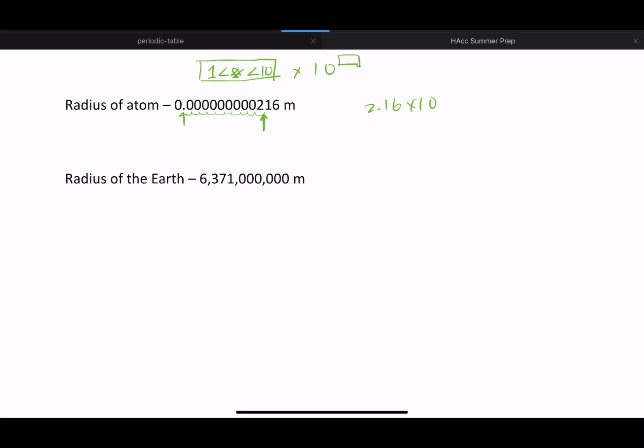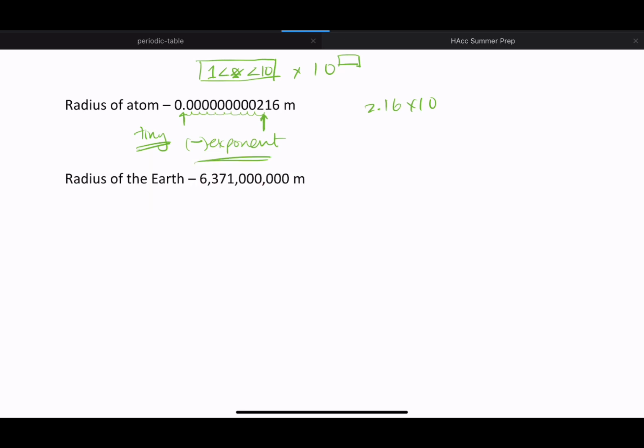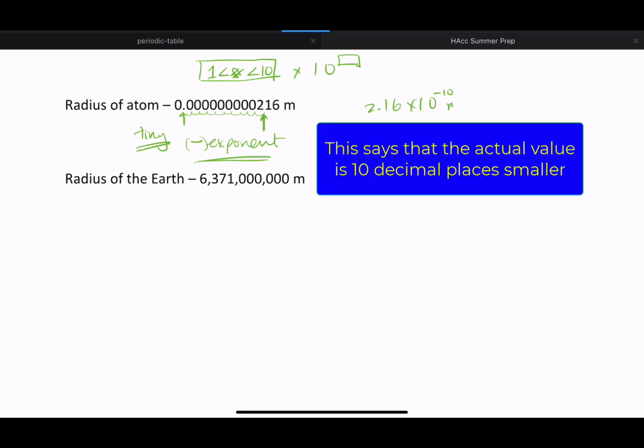But what I prefer is to use reason. If this is a tiny number, then it should be a negative exponent. A tiny number should always have a negative exponent because negative means we are moving the decimal in the smaller direction. So this is 2.16 times 10 to the negative 10 meters.